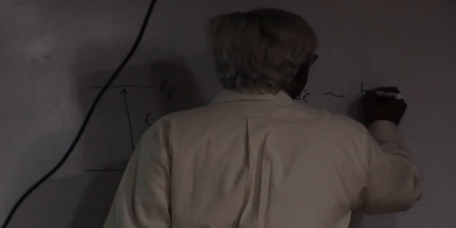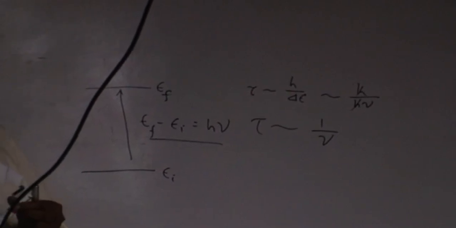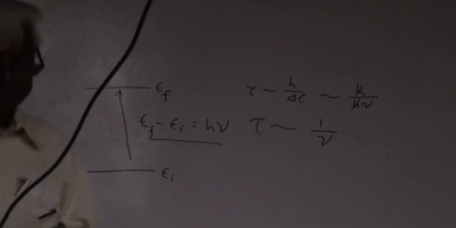So this delta E equals h nu. So the time scale is, we know that in NMR this uses very short nu, the shortest nu. So it is associated with a larger time scale than, for example, the IR process.